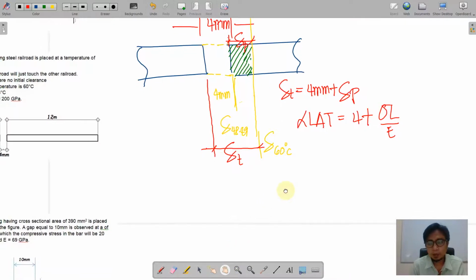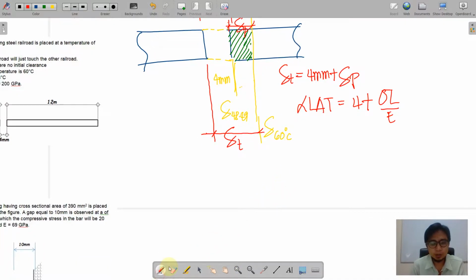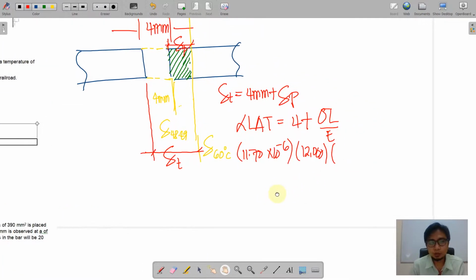Okay, so as we can see, let us substitute. We have here 11.7 times 10 raised to negative 6 multiplied by the original length times the change in temperature. So we have 60 degrees final temperature minus the initial temperature is 20 degrees.